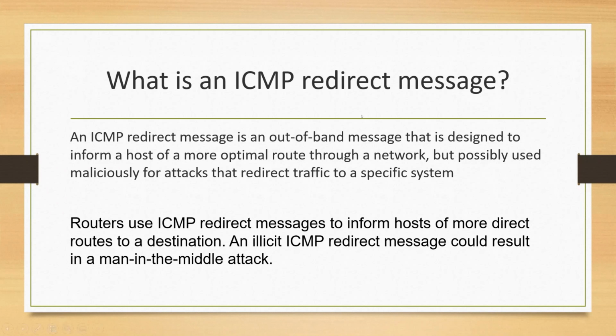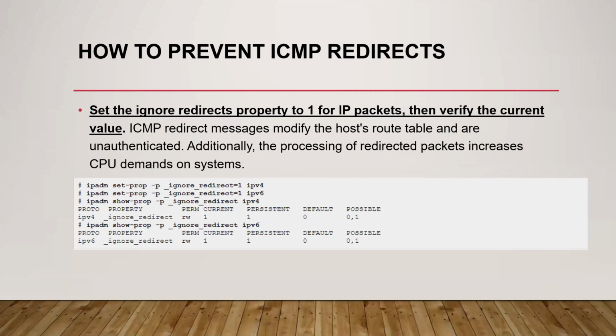So it's very high risk for a university and for the users' information, because all the packets will go through another point that we don't know where it will go. Okay, so how do we prevent ICMP redirects? We did research online.